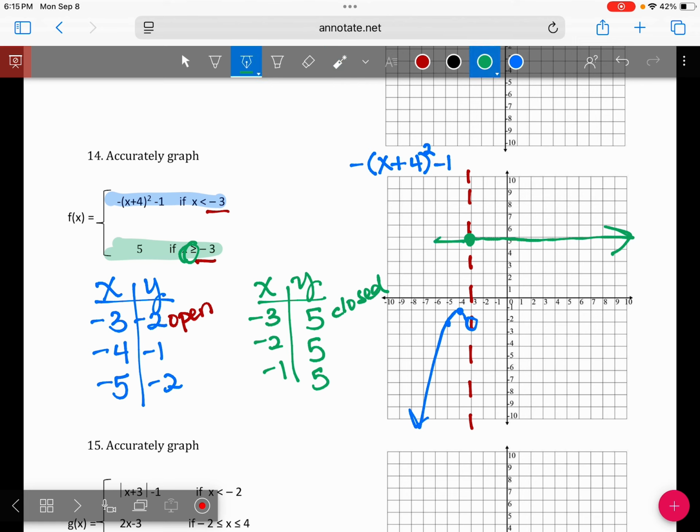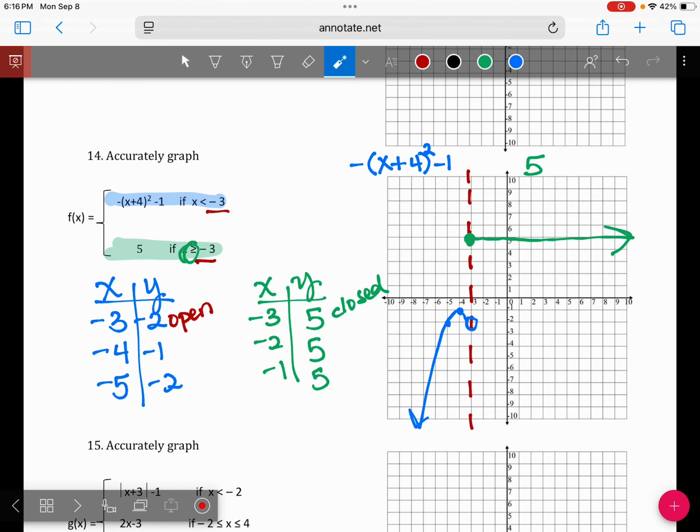We can't do this for two reasons. Number one, it would fail the vertical line test, which means it's not a function. But most importantly, they have to play on their side of the yard. And for the second function, it has to be over here.